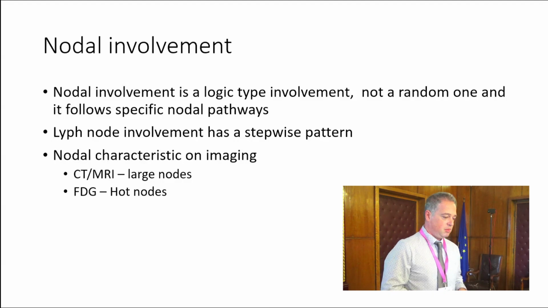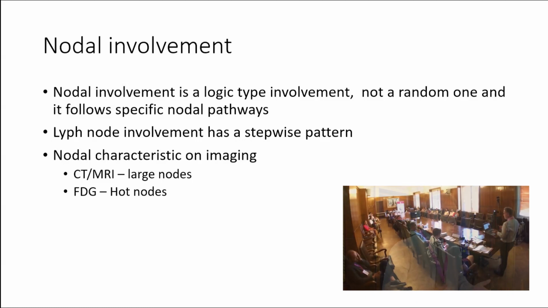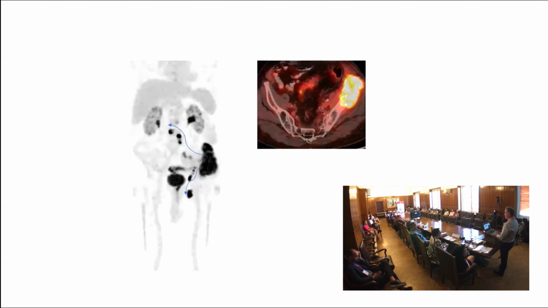It's not random. It follows a stepwise pattern. I mean, you have the first echelon lymph nodes affected first, the second one second, the third one third, and so forth. Nodal characteristics on imaging for malignant nodes: we are looking for large nodes on CT and MRI, and for hot nodes on FDG PET.